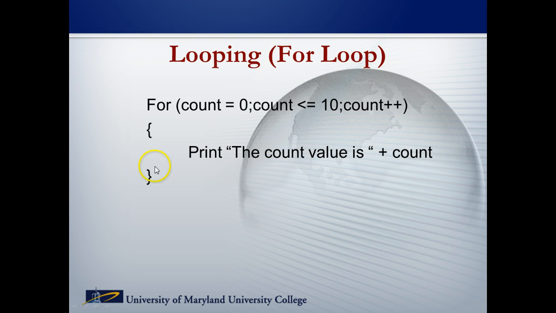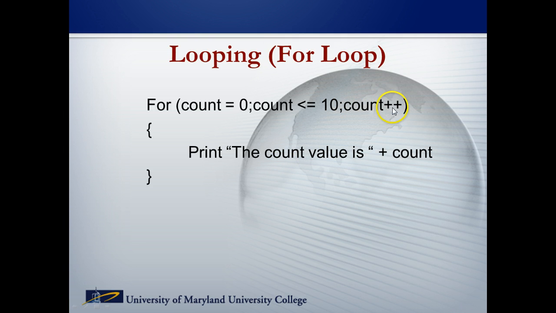So then when we finish the for loop, we go back up here and we increment the value of count by 1, which is what the count plus plus does. That's the very same as saying count equals count plus 1. So now this count equals 0 never gets hit again while it's inside this for loop.